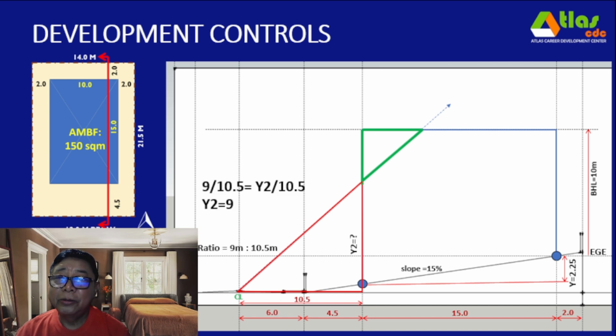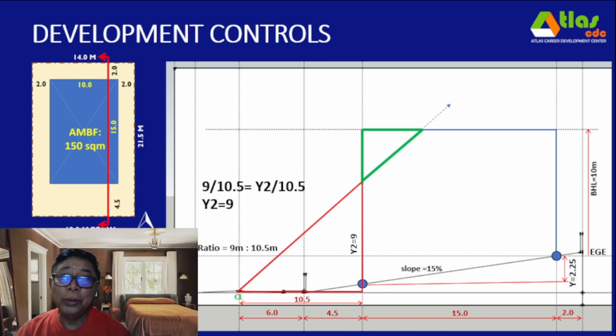So fortunately, the ratio of that diagonal line, 9 meters is the height and 10.5 meters is the base, corresponds to the dimension of our actual base of 10.5 meters. So we can now compute the y at 9 meters.